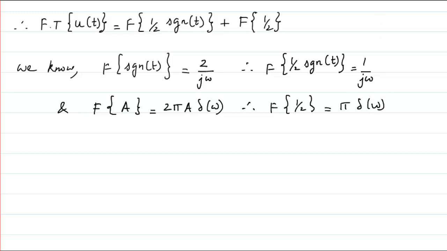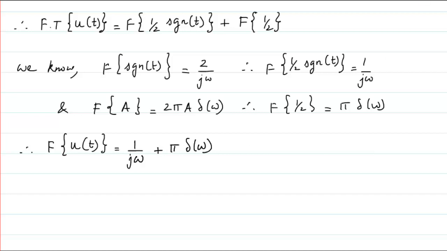Clear? Therefore, we can conclude that the Fourier transform of the unit step function u of t is 1 by j omega plus pi delta omega.